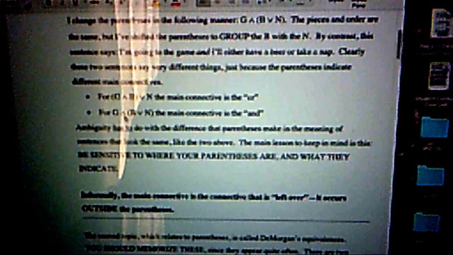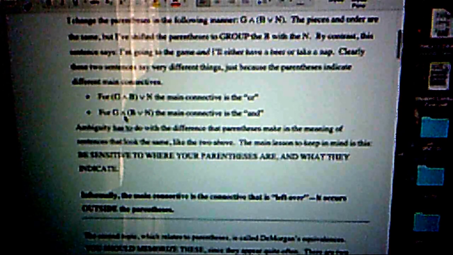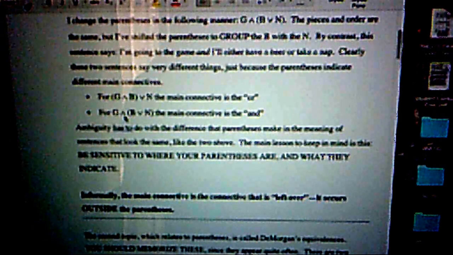Let's make this concrete to illustrate just how different they can be. Suppose it's Christmas and you've got a really rich uncle, and you're given the following two statements. The question is, which of the two do you prefer? The first one says, you've got options here, kid.